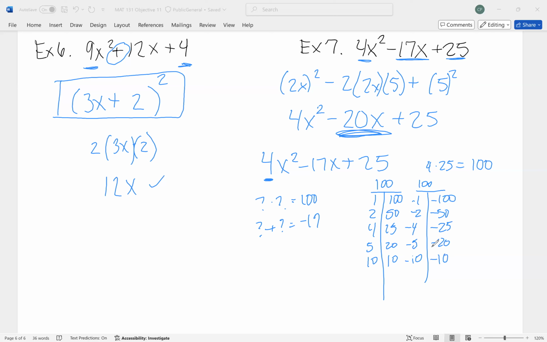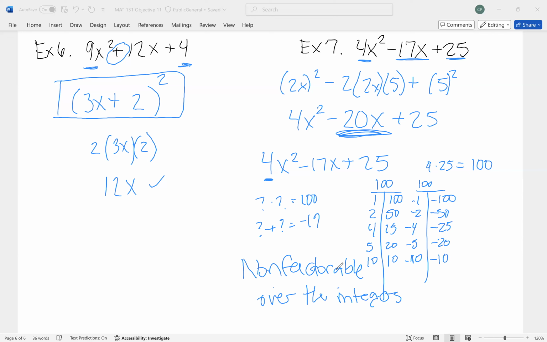So this is us exhausting our possibilities, okay? Still don't see one that will add to be negative 17. We have written out every factor that we can multiply to get 100, and we do not have one that we can add to get negative 17. So this one is non-factorable over the integers.